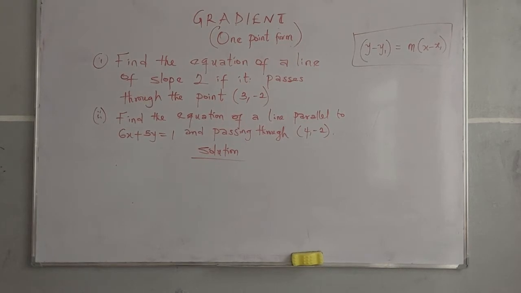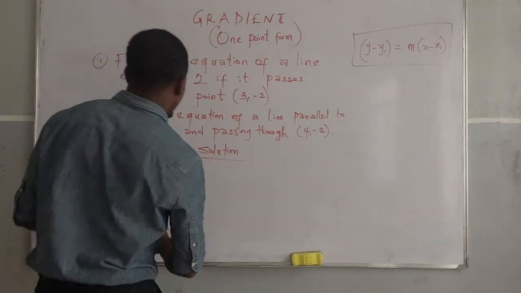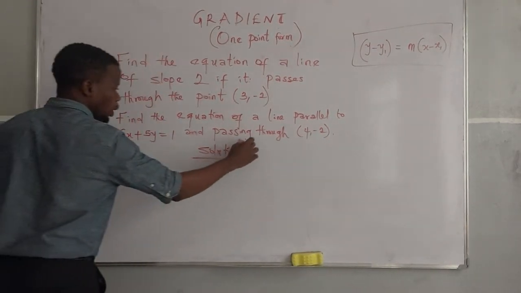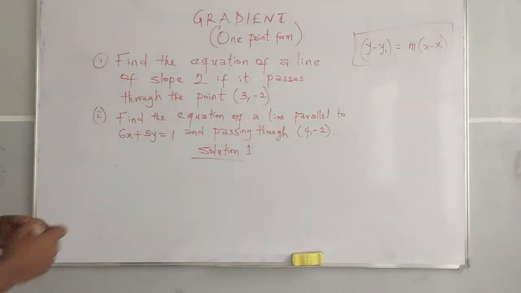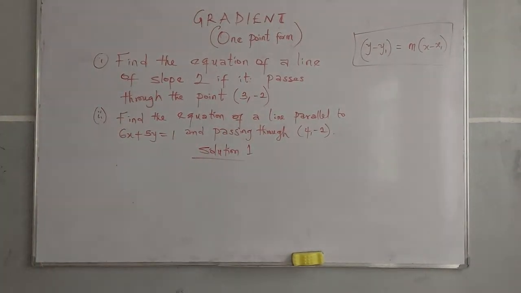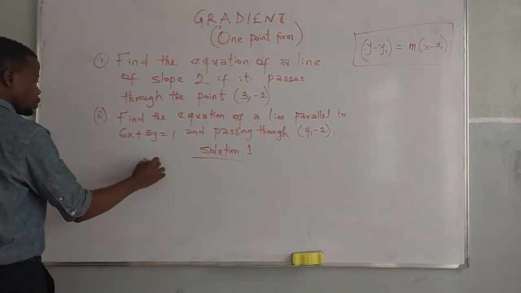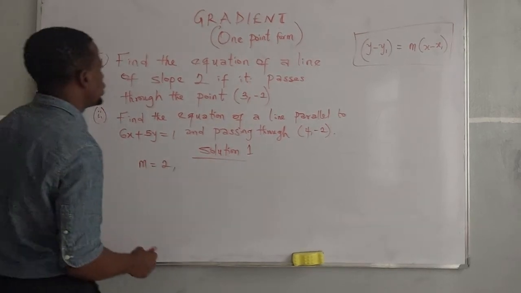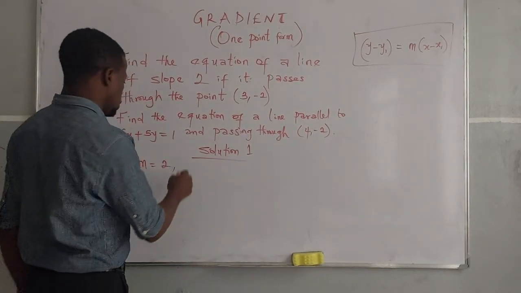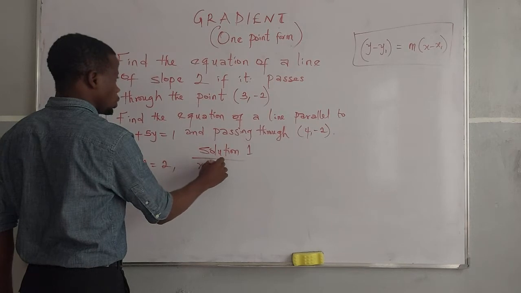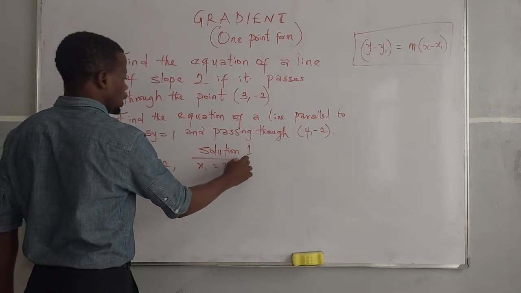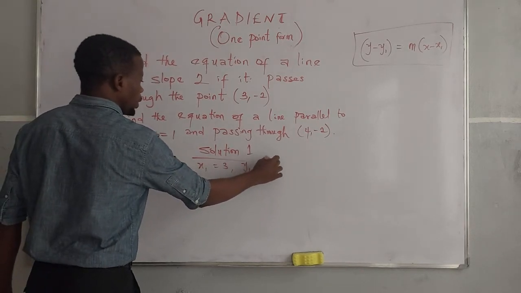So, solution 1. We have m to be what? Our m is 2. That is the slope, and it passes through the point, so we have x1 to be 3 and y1 to be minus 2.